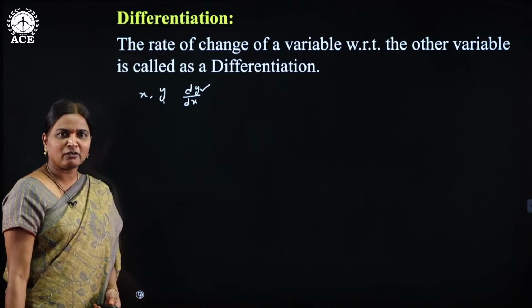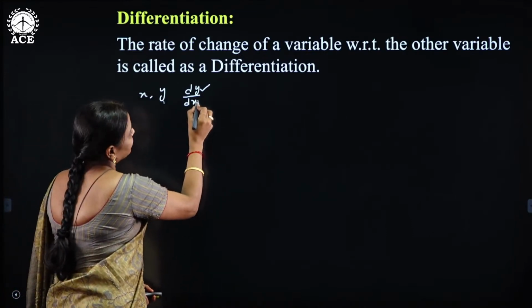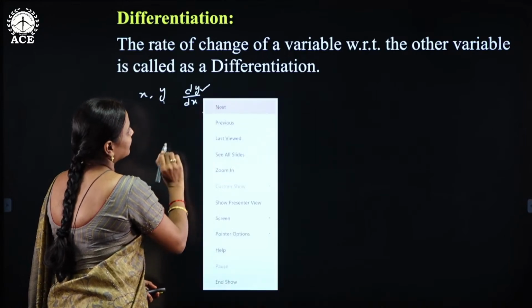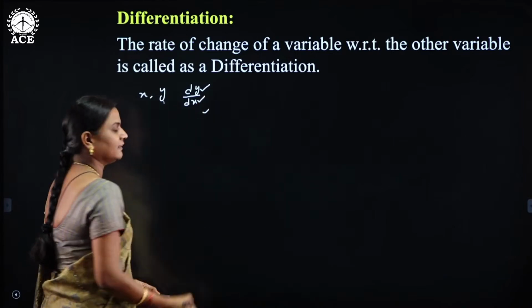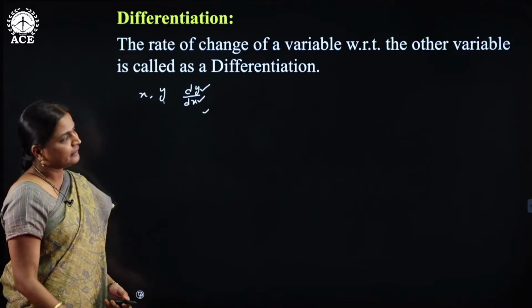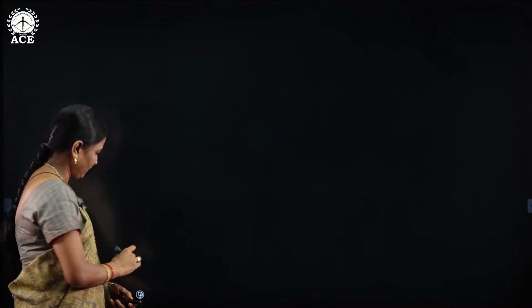In this differentiation, the changing variable, here y, is called the dependent variable, and the variable x, with respect to which it changes, is called the independent variable. These two terms are very important to write the solution of a given differential equation.